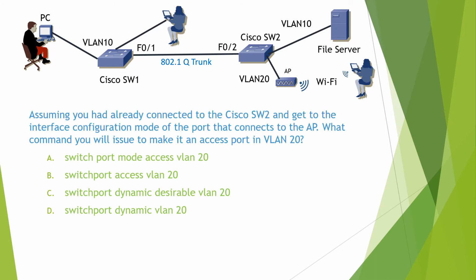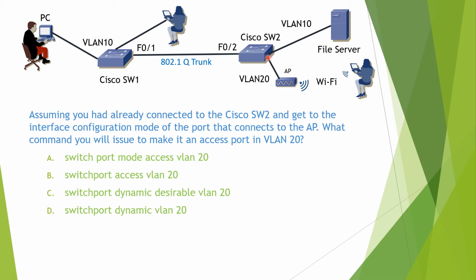Assuming you have already connected to the Cisco SW2 and gotten to the interface configuration mode of the port that connects to the AP, which is this port, what command will you issue to make it an access port in VLAN 20?